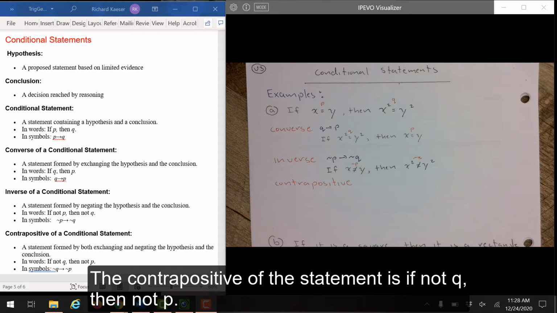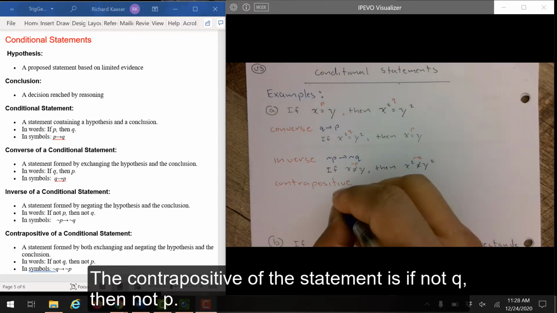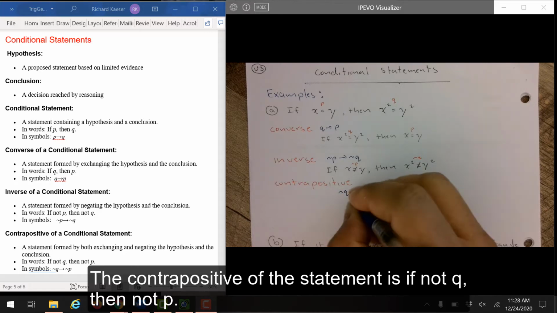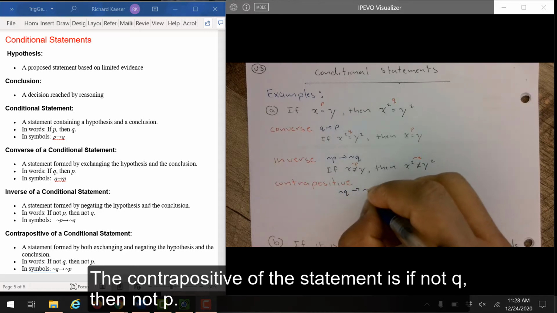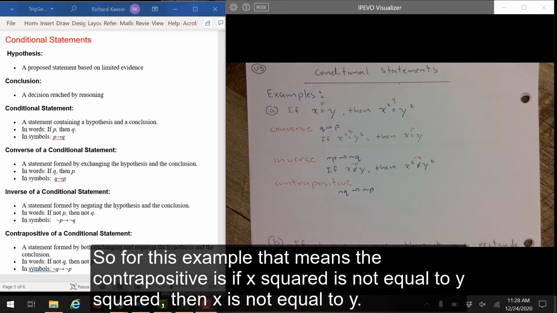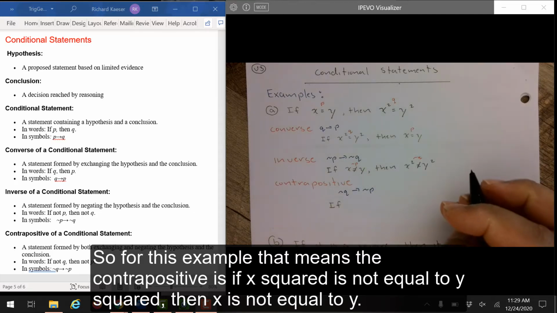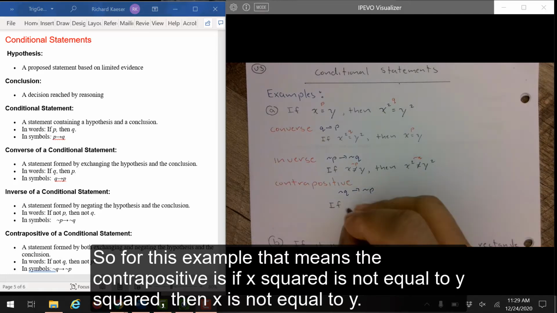The contrapositive of the statement is if not Q, then not P. So for this example, that means the contrapositive is if x squared is not equal to y squared, then x is not equal to y.